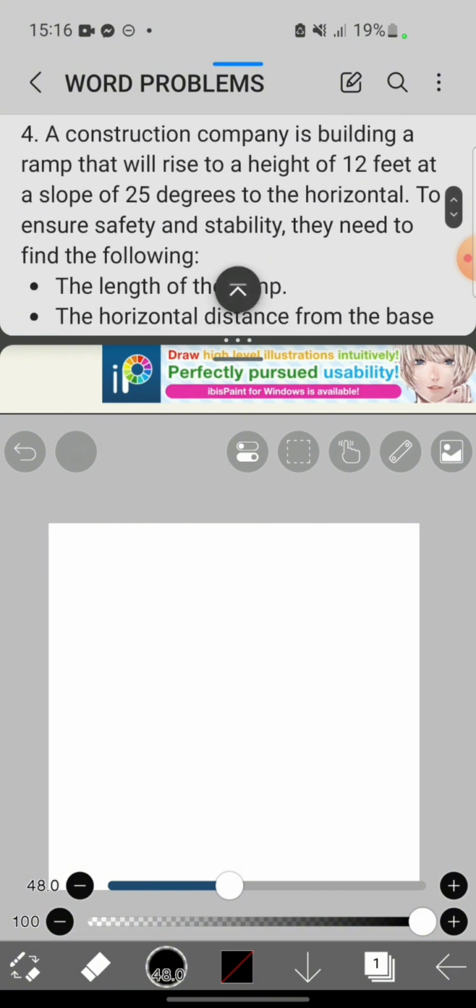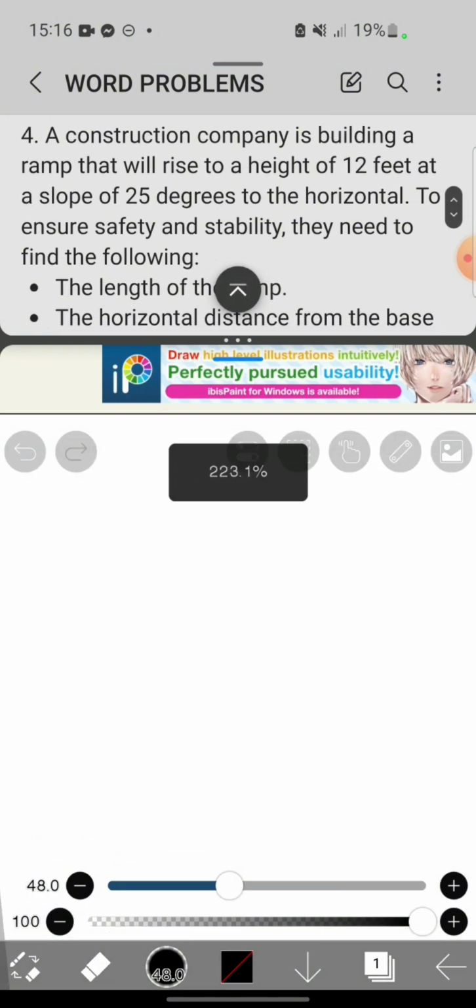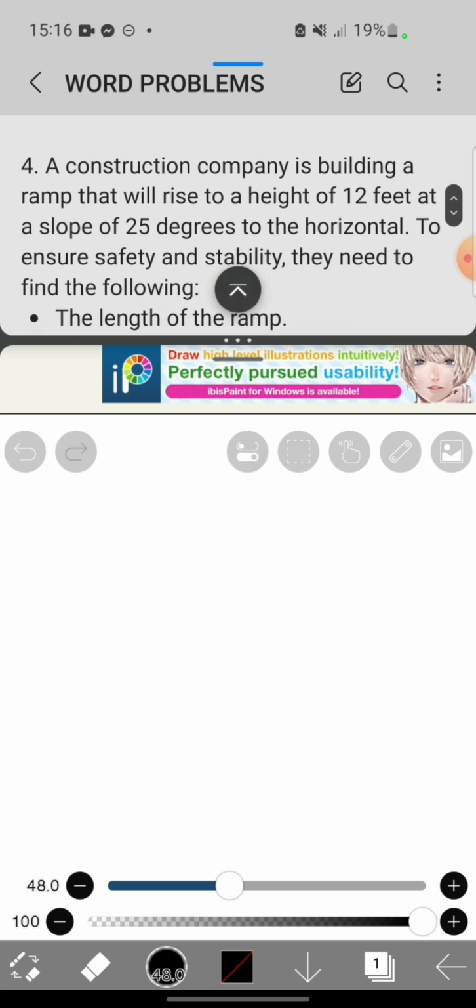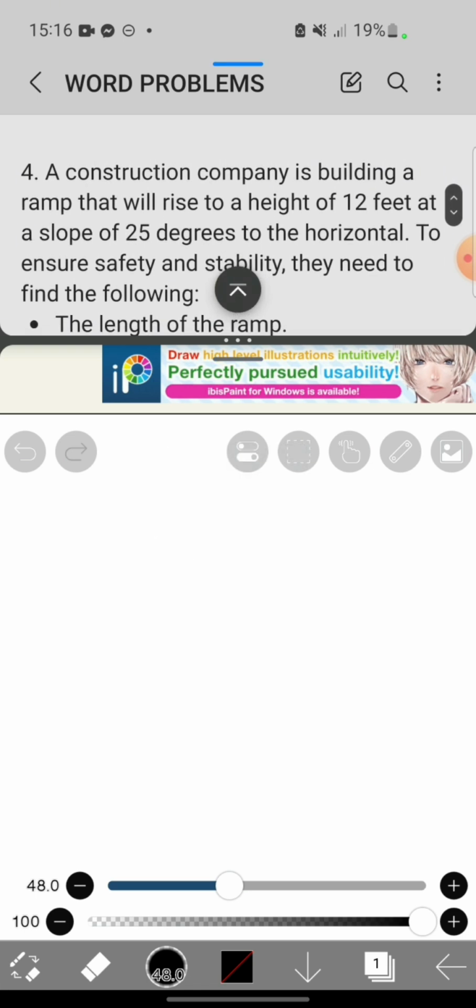Let's solve problem number 4. A construction company is building a ramp that will rise to a height of 12 feet at a slope of 25 degrees to the horizontal.